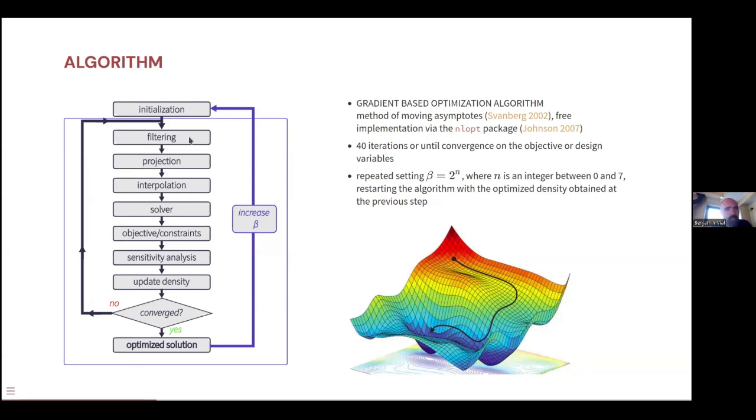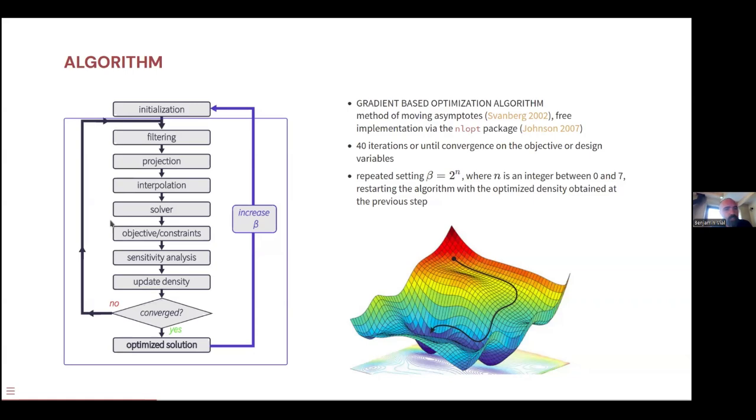Then you apply the filtering and projection and interpolation steps that I just presented. So you get the permittivity distribution, and then you solve your Maxwell's equation in our case with your favorite solver. And then you get the electromagnetic field everywhere.